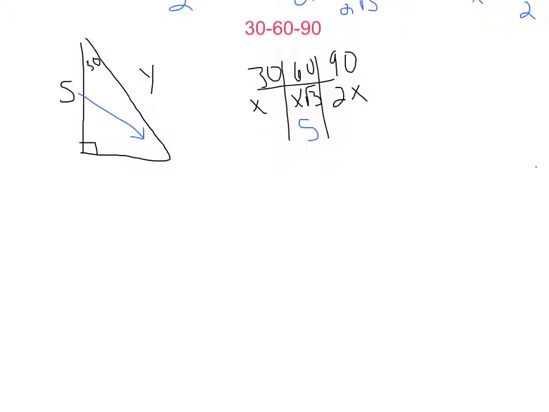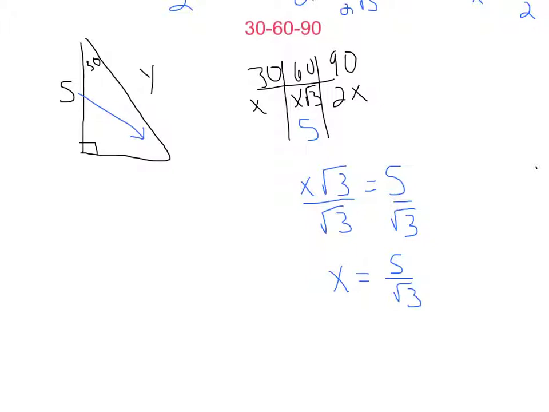So what I need to do now is solve for x just like I did on those previous questions. I know that x times the square root of 3 is the same thing as 5. In order to get x by itself, all I need to do is divide by the square root of 3. So my x is equivalent to 5 over the square root of 3.